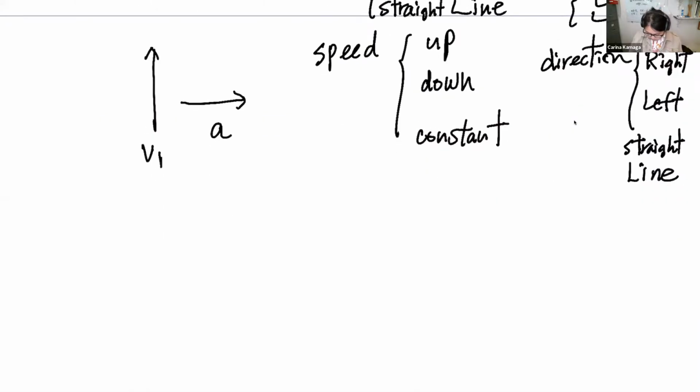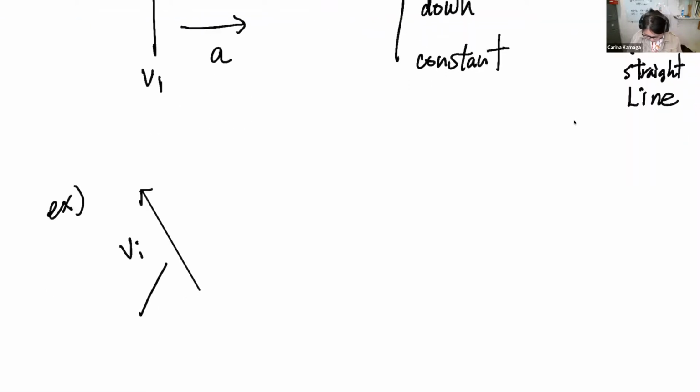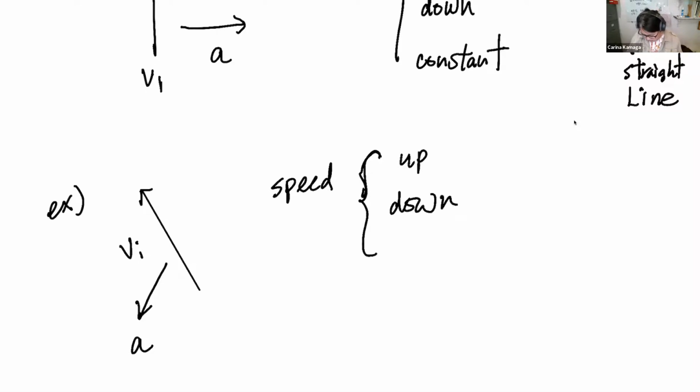Then, what if it's this way? The most difficult example: you have an initial velocity, and let's put the acceleration like this. Describe it as change in speed: speed up, down, or constant?